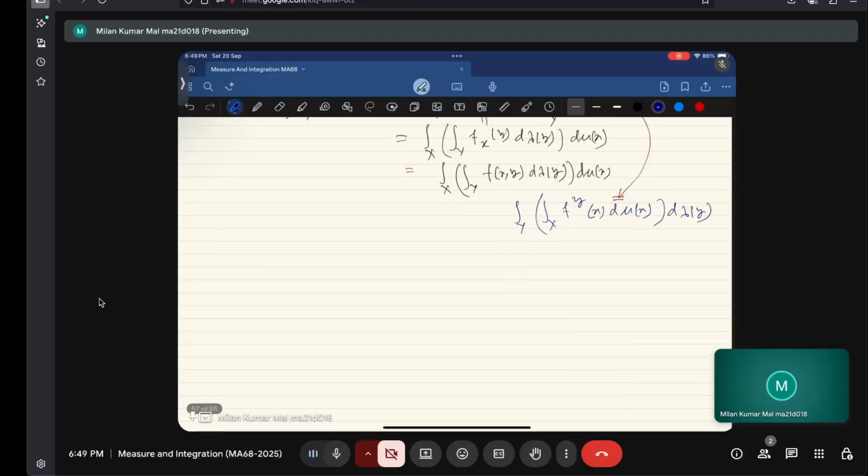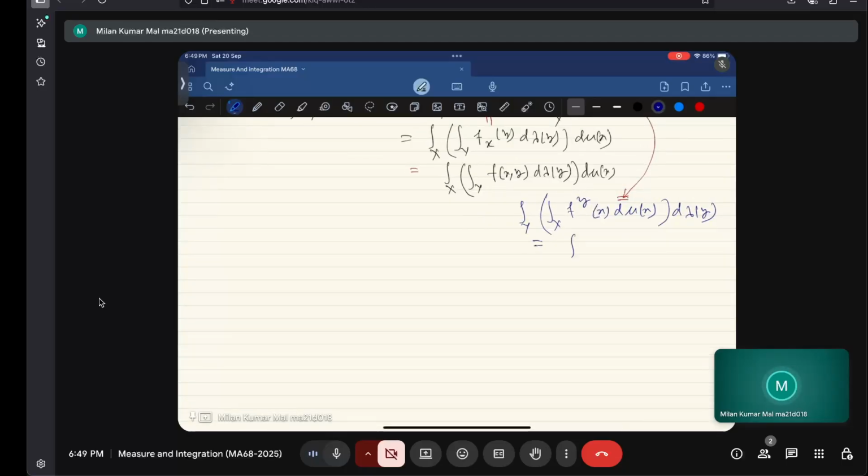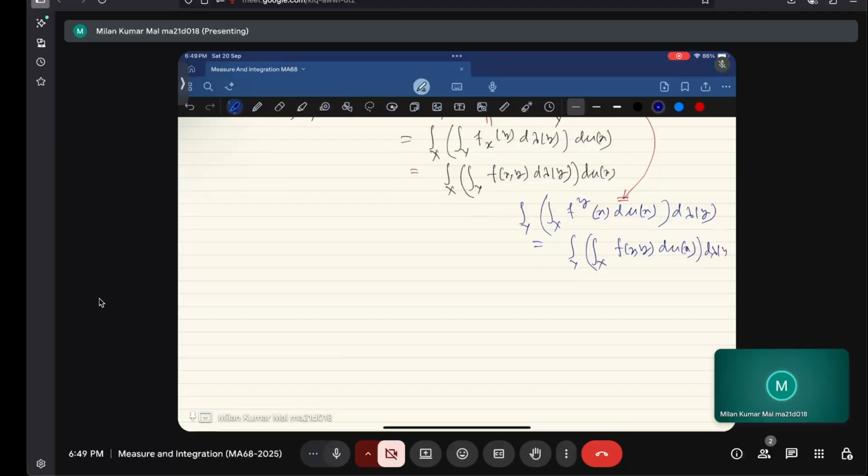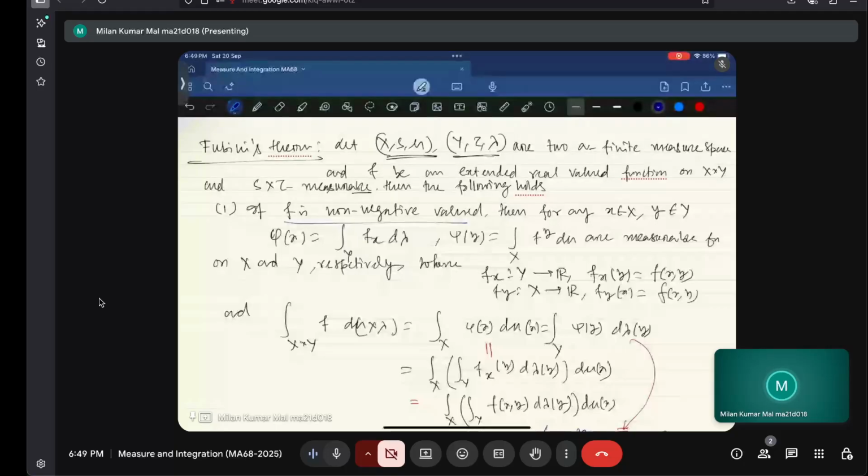So this is exactly equal to the integral over Y of the integral over X of f(x, y) d mu x whole into d lambda y. Main point is that one can interchange the integrals. This is Fubini's theorem. Whenever the function is non-negative valued, we don't need anything except the fact that f is measurable with respect to this product measure.